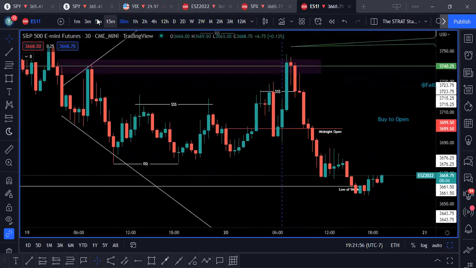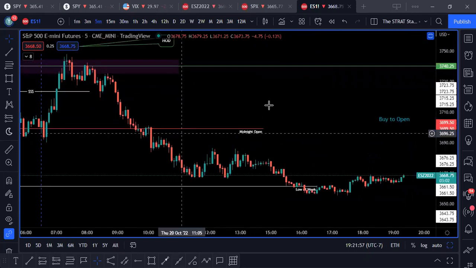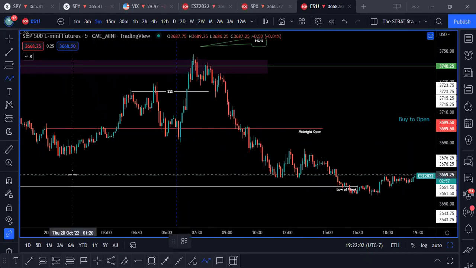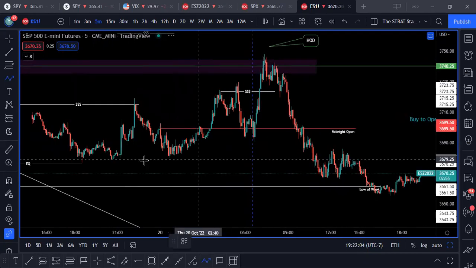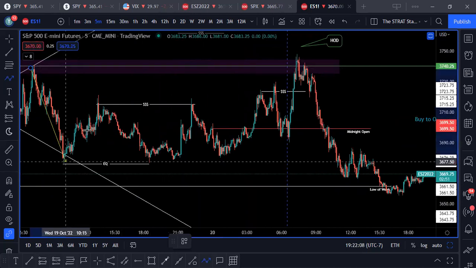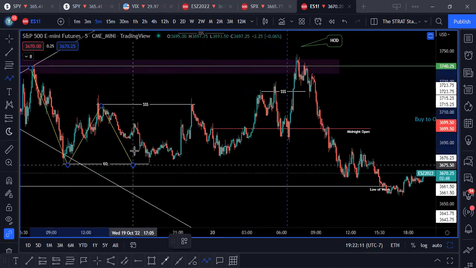A good idea too is to realize the market is going to consistently do an aggressive move to consolidation. You see here was an aggressive move, then they kind of range traded.